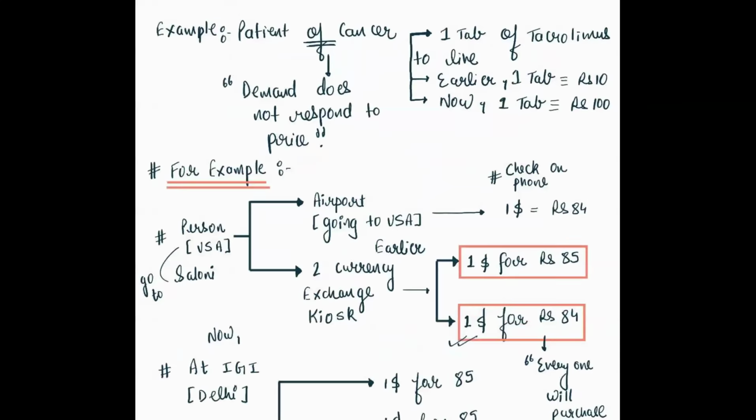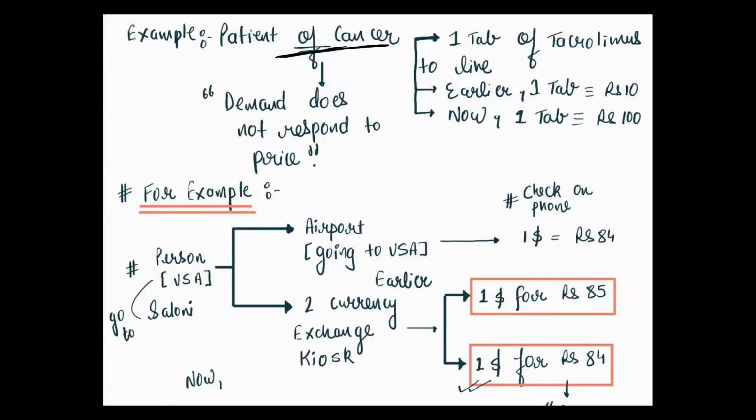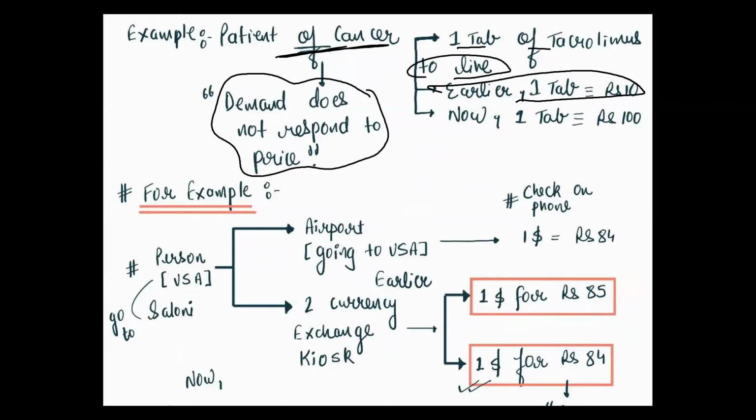Example, patient of cancer. Suppose demand does not respond to the price. Now if someone is suffering from cancer, 1 tablet of tacrolimus to live, earlier was ₹1 per tablet, now it is 100. Will it make any difference? If you are suffering from cancer, even if the price is 10,000, you will buy and you will eat.